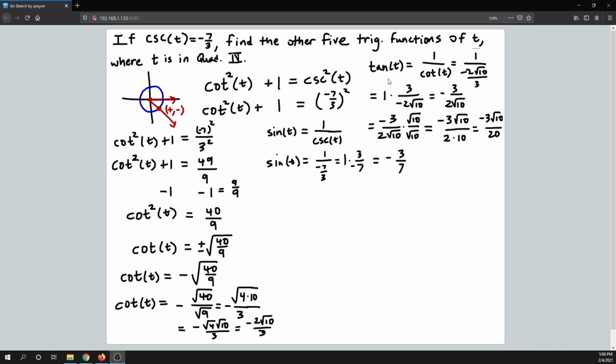So for cosine, we can use the fact that tangent is sine over cosine, or cotangent is cosine over sine, and use that because we know the tangent, the cotangent, and the sine. We can figure out what the cosine is based on the identity. So let's go with just tangent again. Tangent of t, we know that that is sine over cosine.